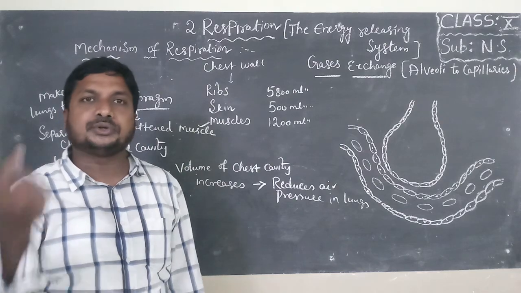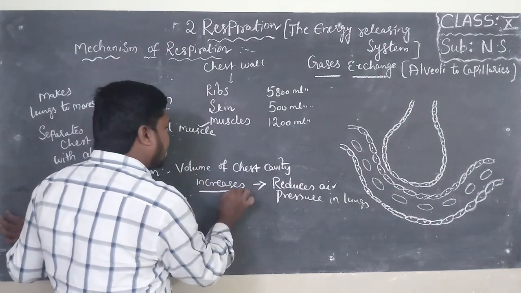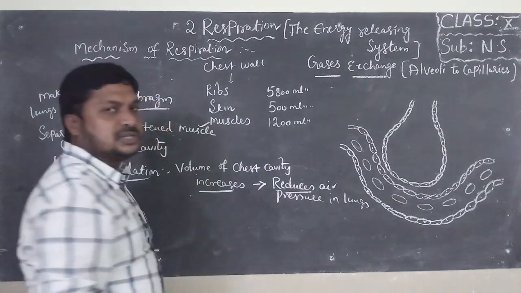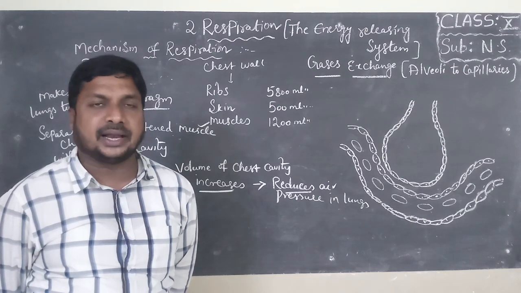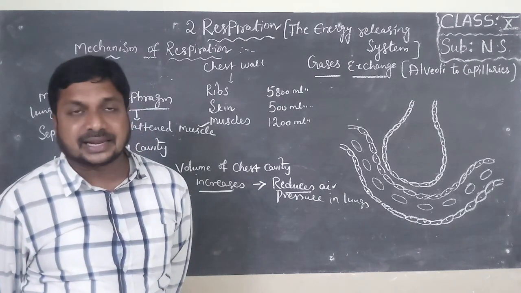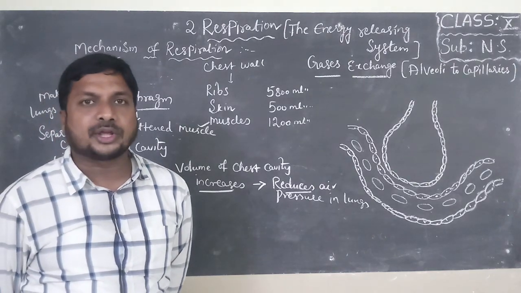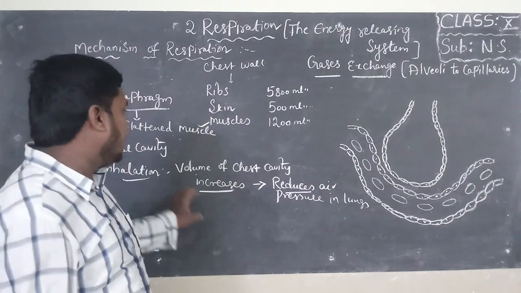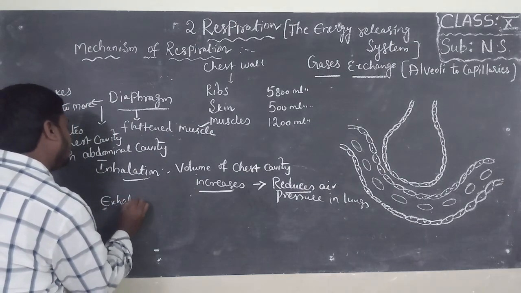So, air rushes into the lungs through nostrils, nasal cavity, pharynx, larynx, trachea, bronchi, bronchioles, alveoli. So, that is inhalation.